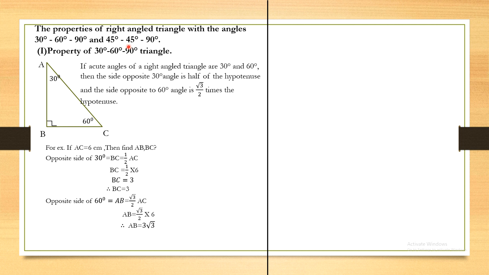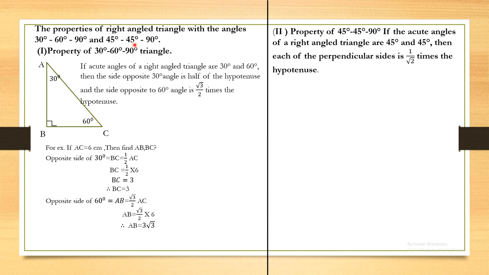Now let's take an example of another property, the 45, 90 degree triangle. Observe that triangle ABC is given, angle B is 90 degrees, angle A is 45 degrees, angle C is 45 degrees. These two base angles are congruent, so the sides opposite the congruent angles are also congruent. So we can say that AB and BC are both congruent. That means this is a right angle isosceles triangle.